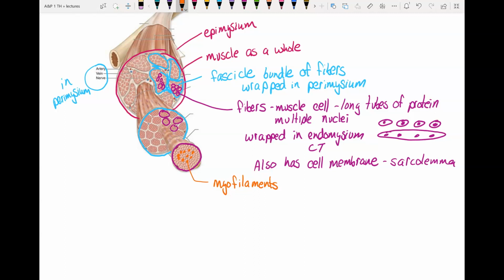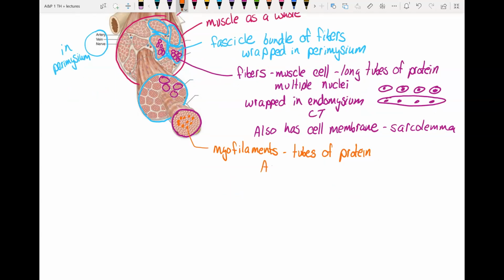These are the tubes of protein that make up the majority of a muscle. And there's several types of protein in a muscle. The main ones that are these tubes of protein are actin and myosin.